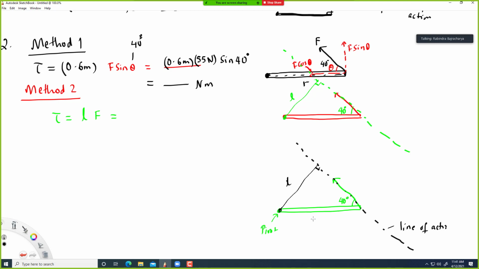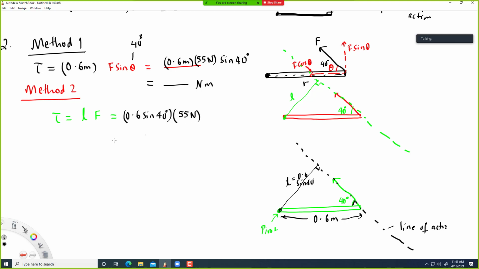This is 0.6 meters. This is given. This is 40 degrees. Now, you guys tell me what that L is. Exactly. So, this L would be 0.6 sine 40 degrees, and then the force is 55 Newton.